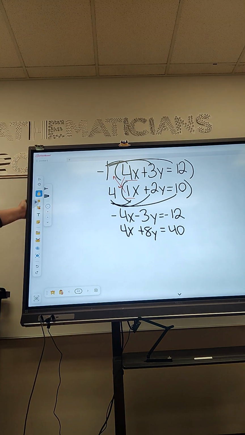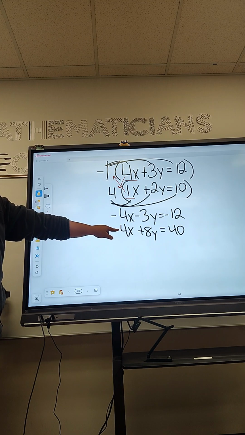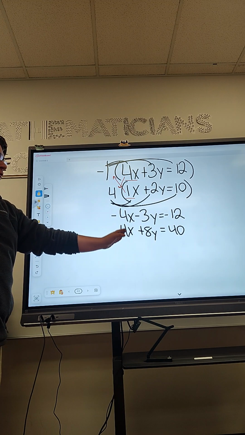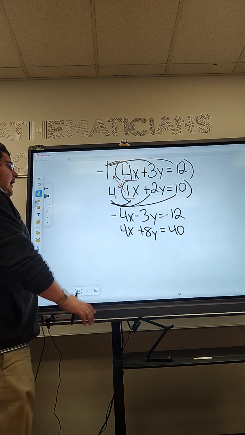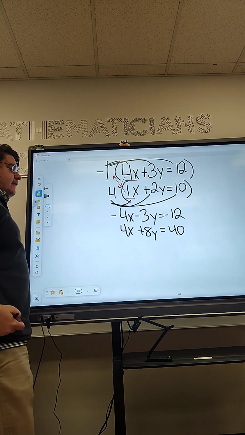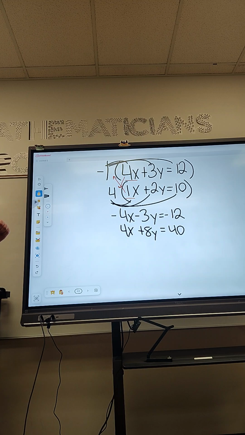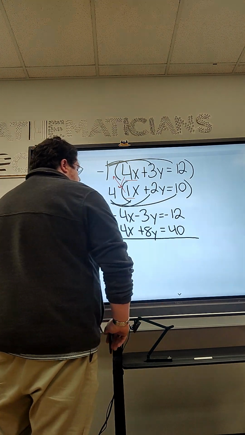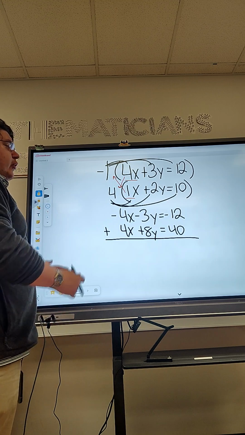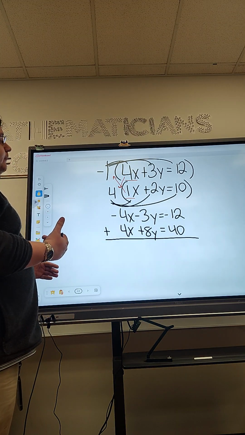What you should notice, if you did this correctly, is that you have the same number in that first column, 1 positive, 1 negative, right? So I have a negative 4 and a positive 4. That means I did it right. Now we add them together. And this is where the elimination comes in. We're going to eliminate one of the variables.